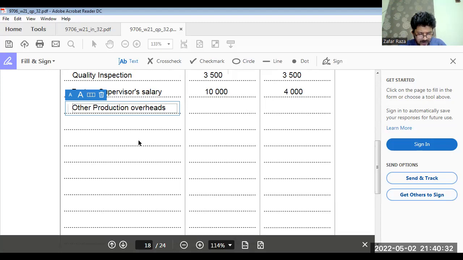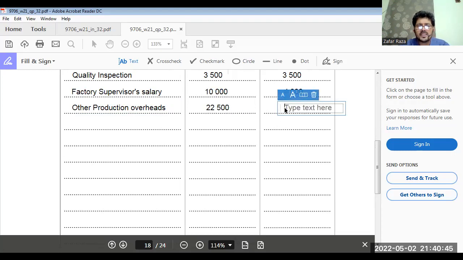That would make 22,499.99. So we'll take it as 22,500, and the remaining out of 27,000, 27,000 minus 22,500, would be 4,500.